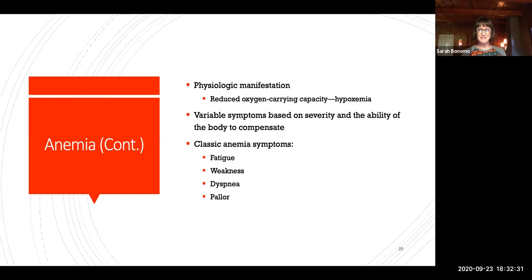physiologic manifestations of anemia are usually related to the reduced ability to carry oxygen, which we know is called hypoxemia. So it's often very mild onset. People usually don't even know they have it. It starts very gradually.